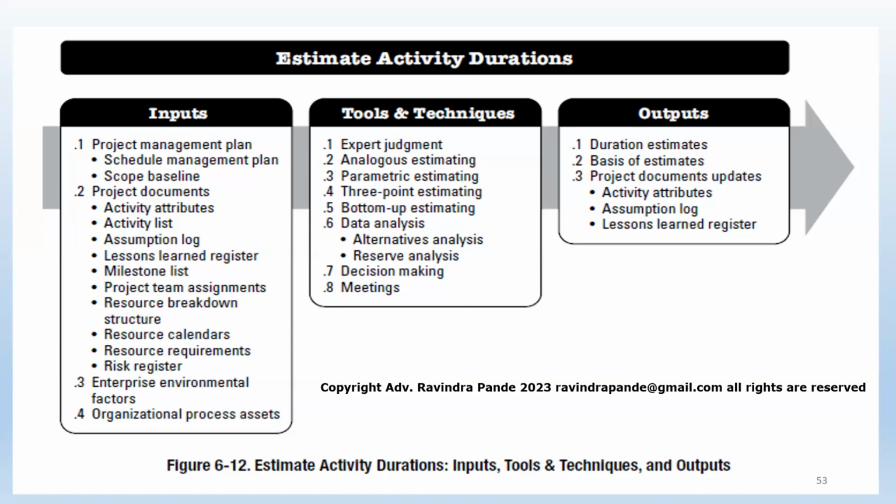And then we do data analysis in terms of alternatives analysis. Is this path okay, or should we go by this other path, in case there are some alternative paths available to get the same task or activity to completion. And then we have some reserve analysis. We're going to learn about this reserve analysis in depth during the project cost management knowledge area. These reserves specifically talk about the financial reserve.